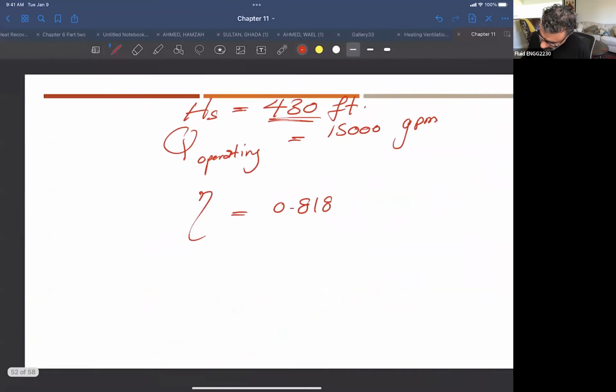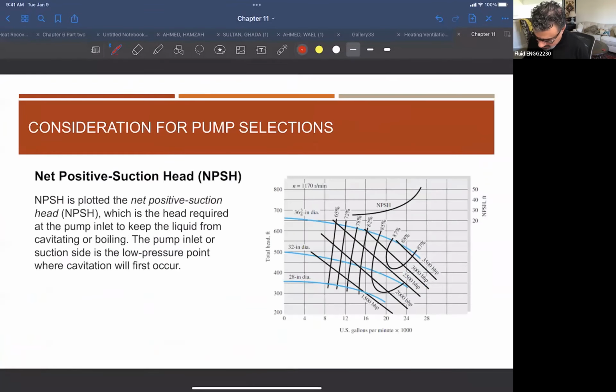Okay, so let's jump into another important feature in the pump, the hydrodynamic pump, or the centrifugal pump as an example that we take in this course, something called net positive suction head.